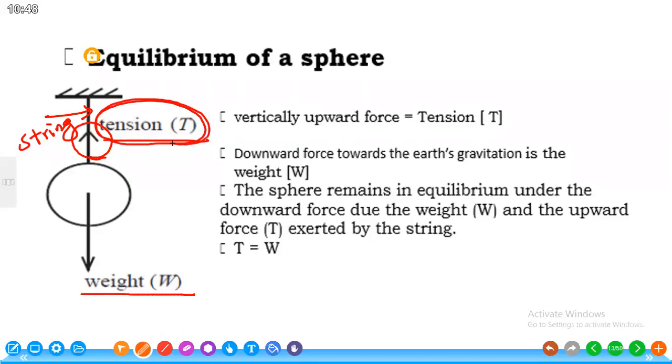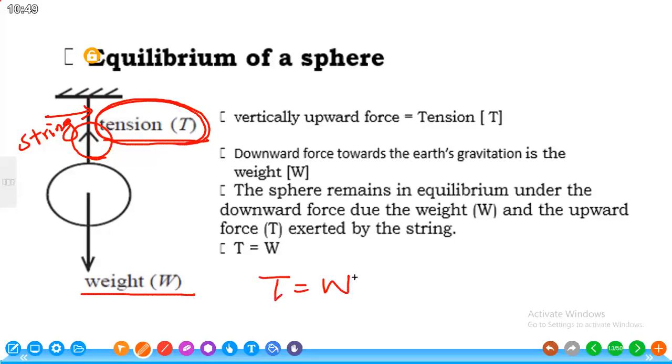The force exerted upwards by the string is known as the tension. Tension is denoted by capital T. Then the weight of an object is the force exerted due to the gravitational force. So tension is equal to weight.